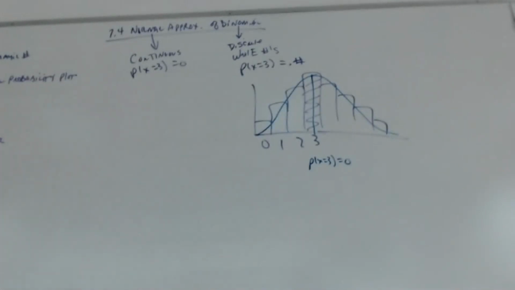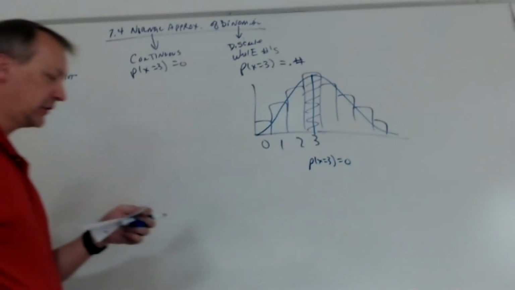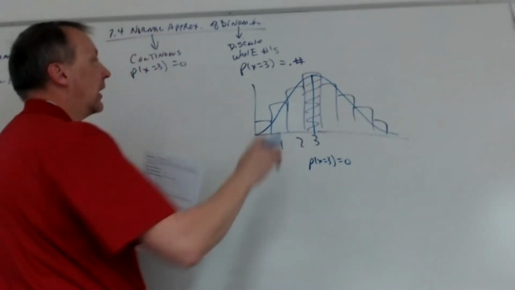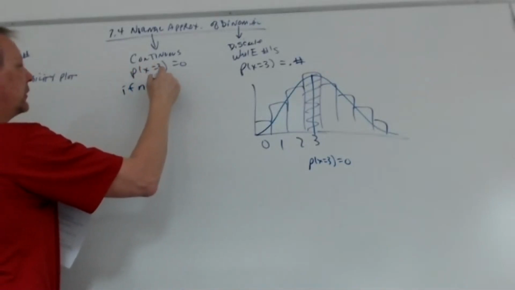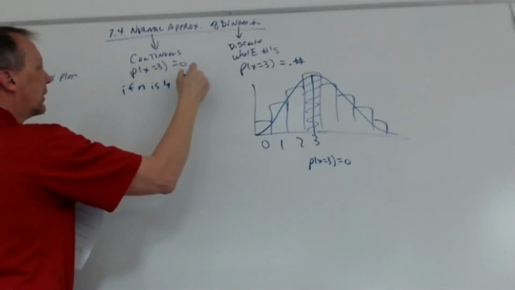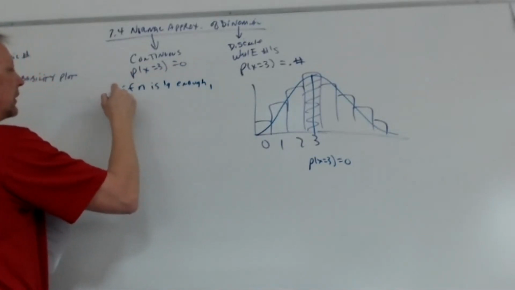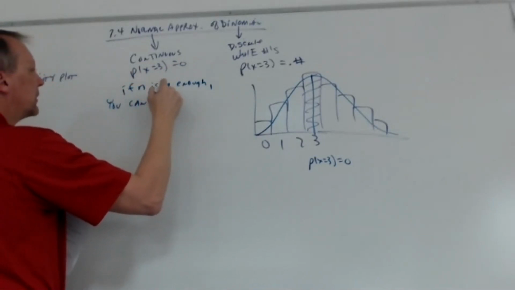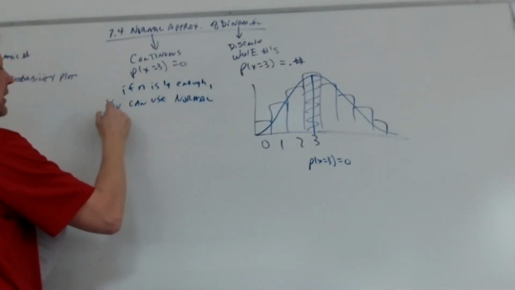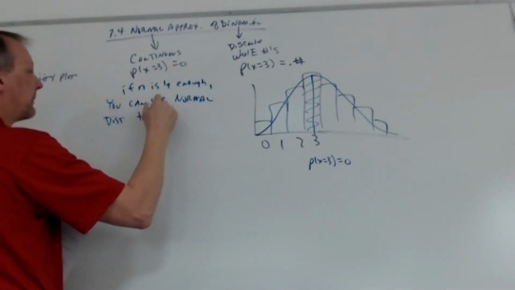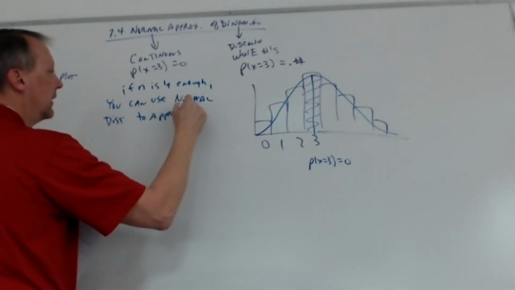Okay, so the idea here is, if n is large enough, you can use the normal distribution to approximate the binomial.